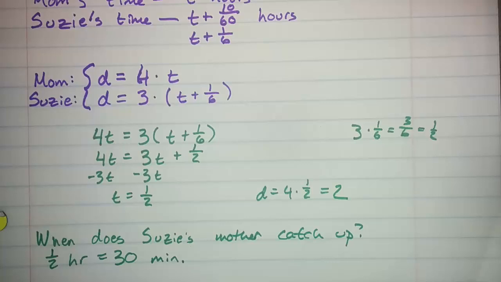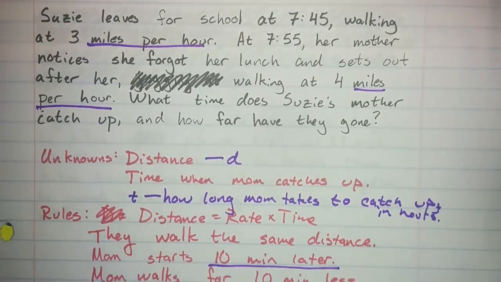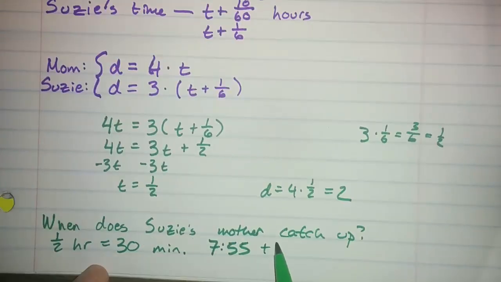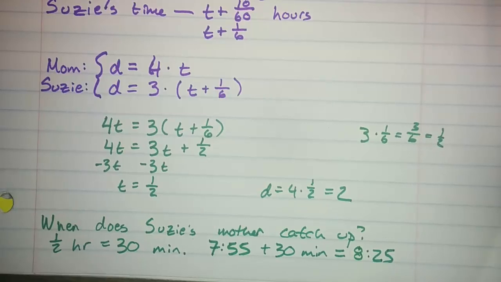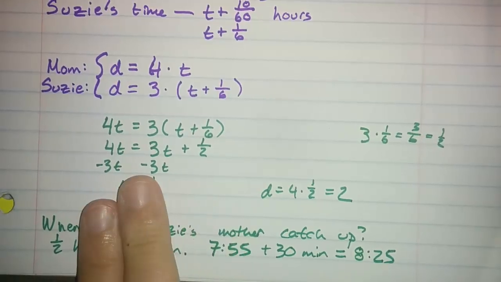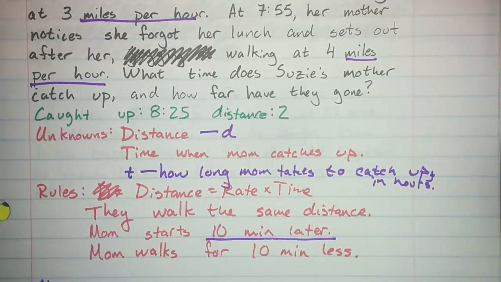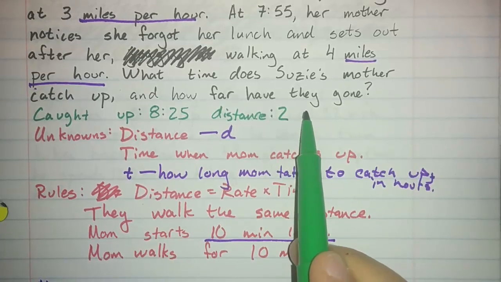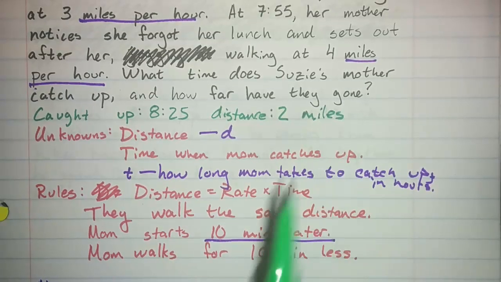Susie's mother started at 7:55, and then she walked for 30 minutes, so she caught up at 8:25. All right, now I'm ready to answer. The distance was 2 what? Our time is in hours, our speeds are in miles per hour, so the distance is 2 miles.